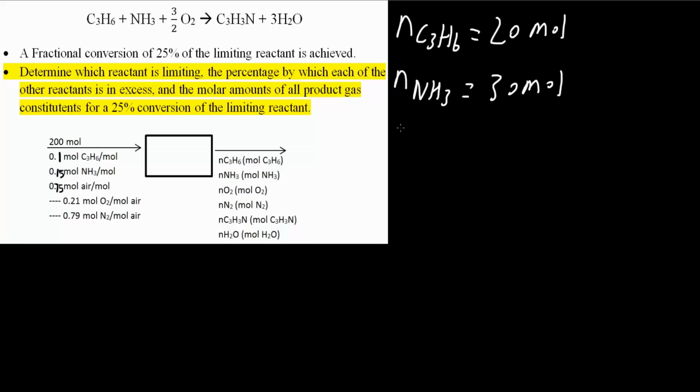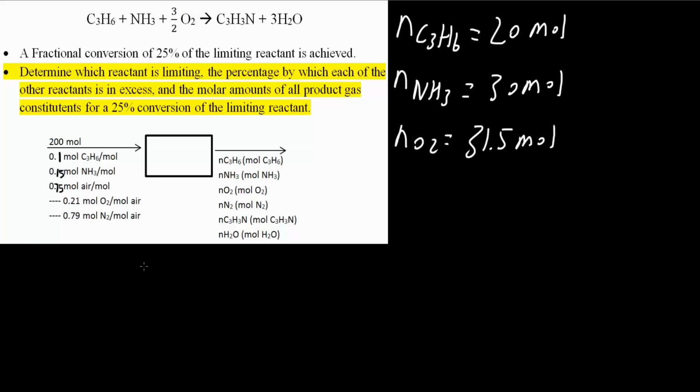And then N oxygen, so 200 times 0.75 times 0.21 gives us 31.5 moles. And if you notice in this reaction, there's no nitrogen, so nitrogen is an inert gas, and for this part of the problem, we will not need to use it.